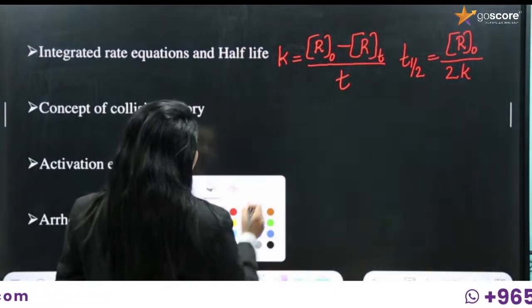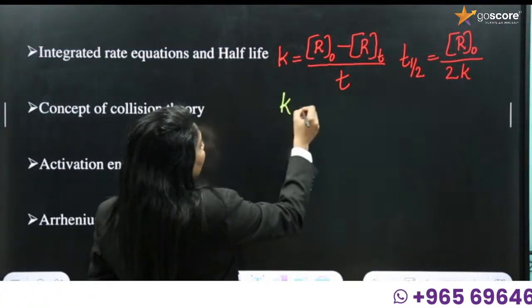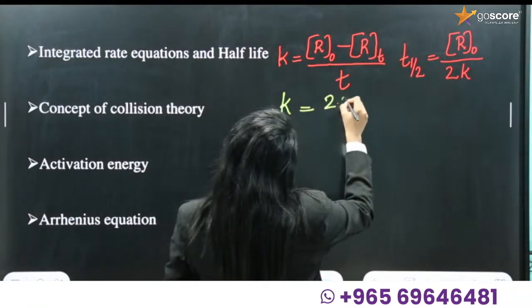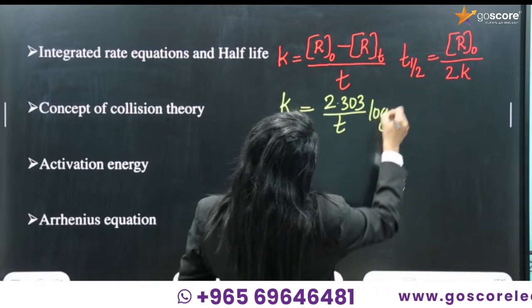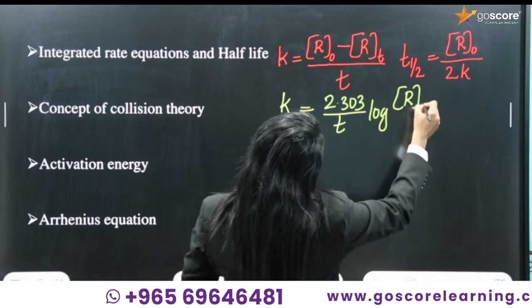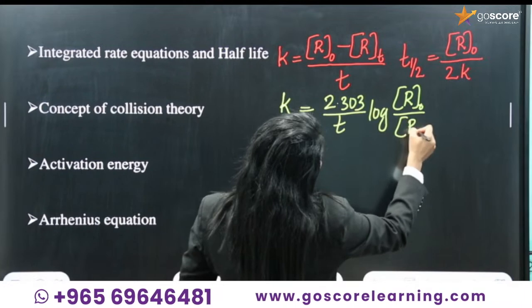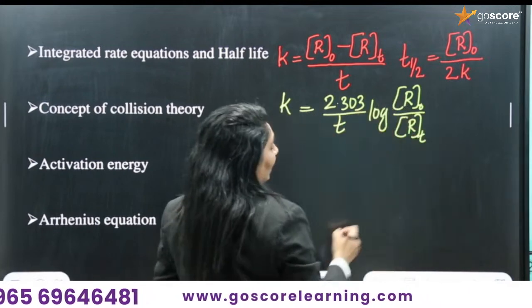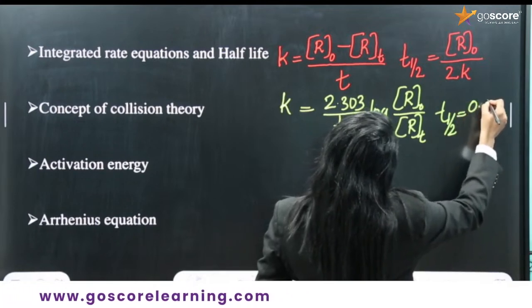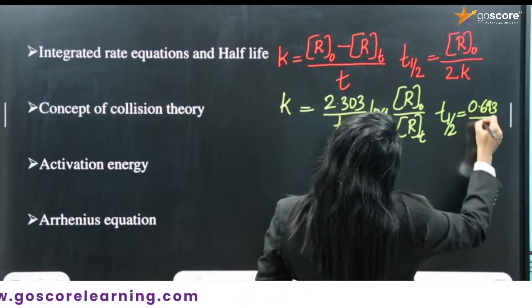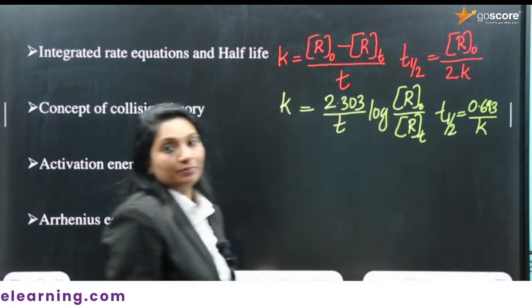Okay, and for the first order reaction, the rate constant K is given by 2.303 by T log concentration of reactant at 0 time divided by concentration of reactant at T time, and the half-life is independent of the concentration of reactant.